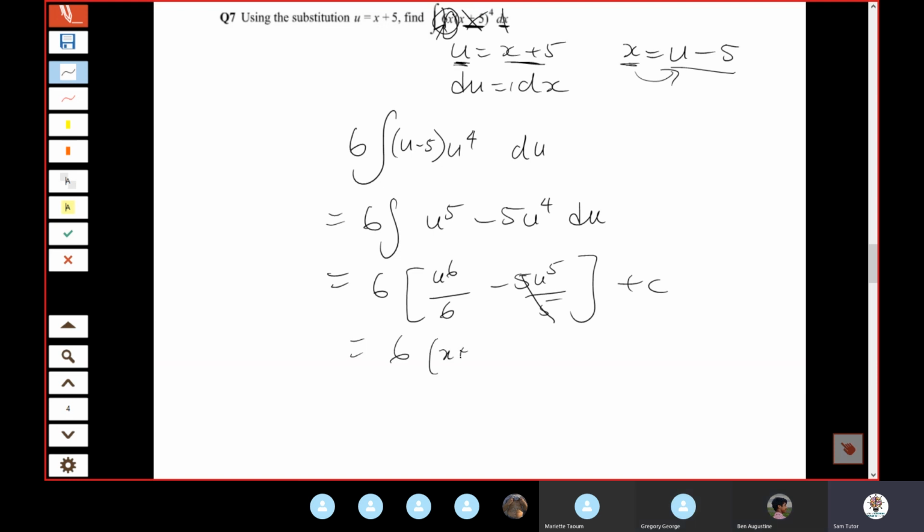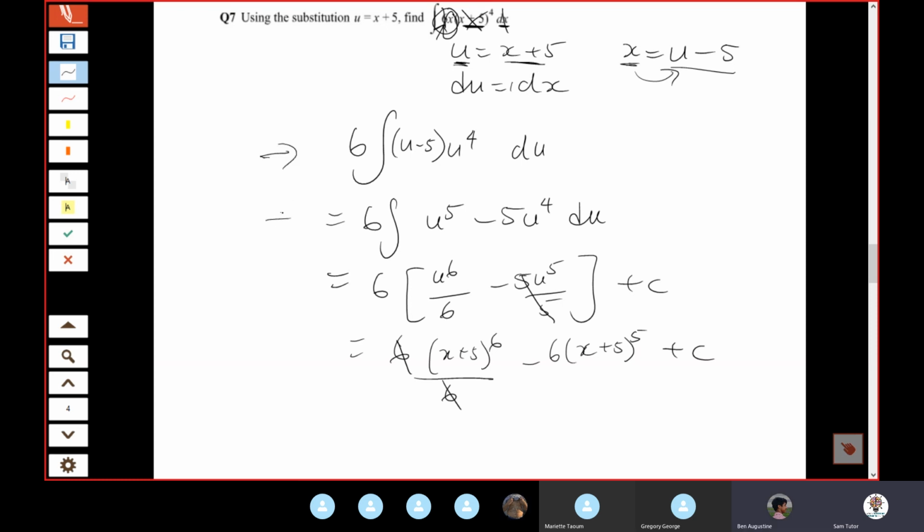u is x plus 5. Okay. What do we think? Are we stuck with any of these lines?